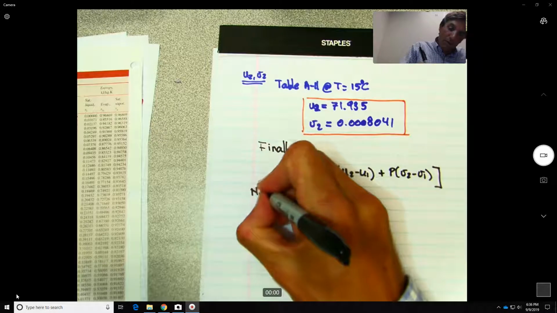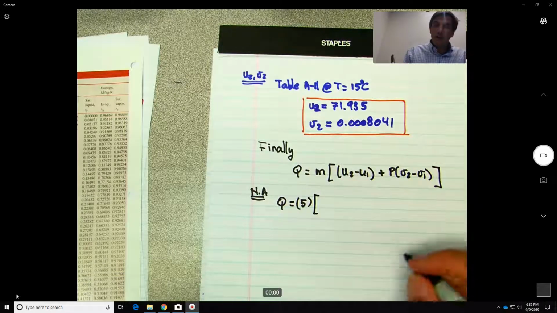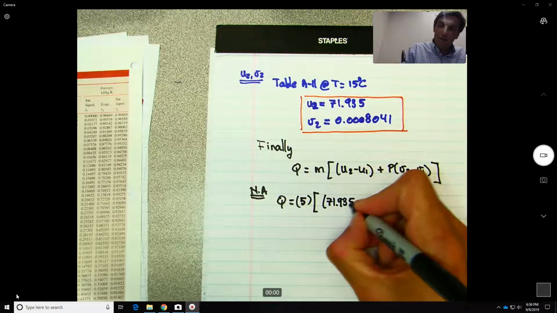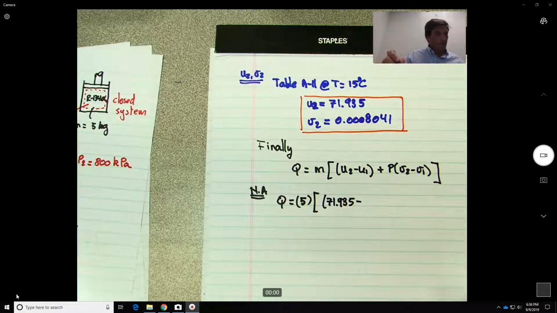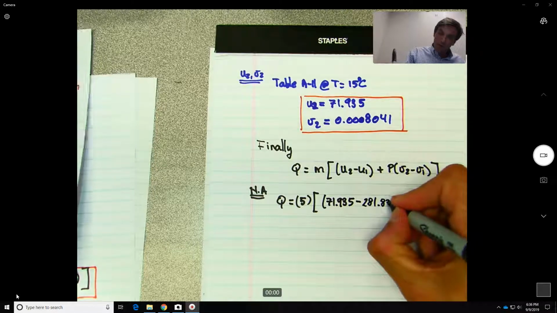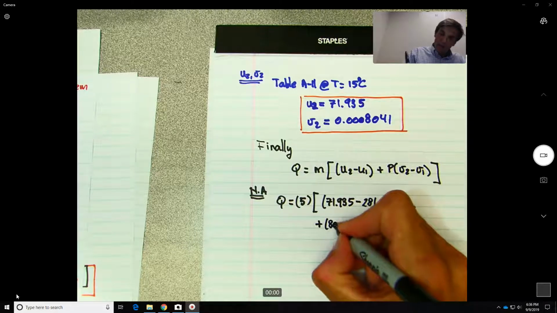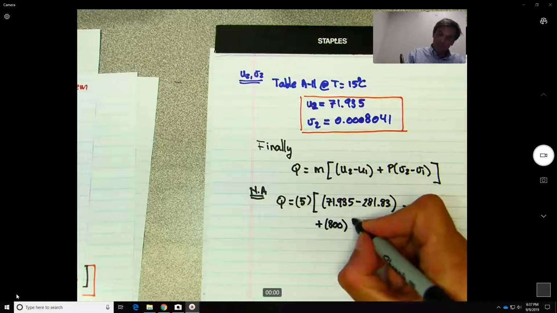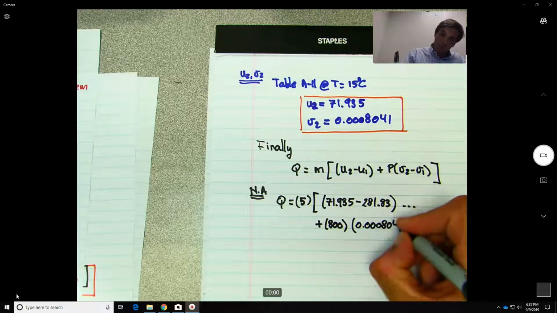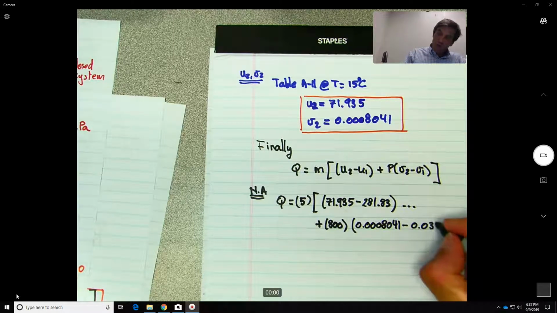Numerical application: 5 kilograms, that will factor out, times (71.935 minus 281.83) plus 800 kilopascals, leave it in kilopascals, times (0.0008041 minus 0.03134).